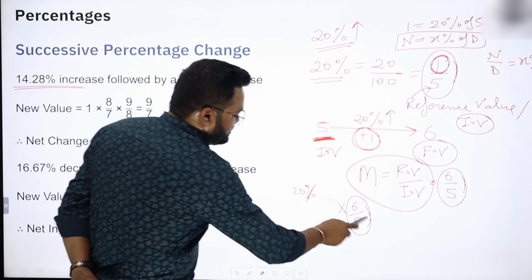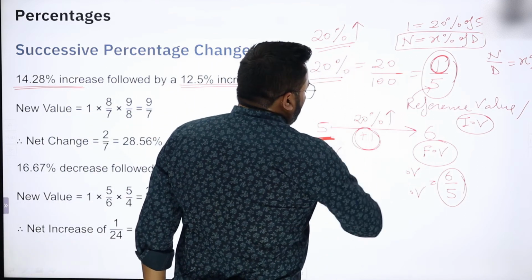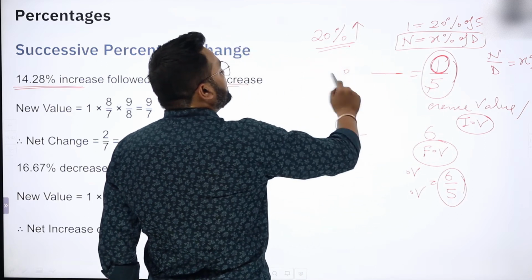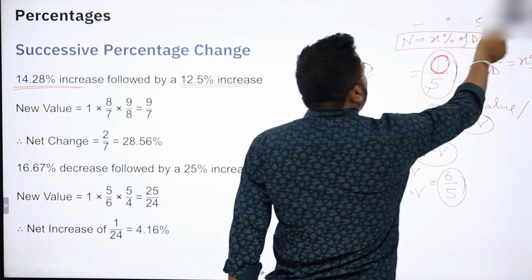Let us erase this. Now we will try to find out how to find the successive percentage change by applying this multiplier concept. So let us see that.